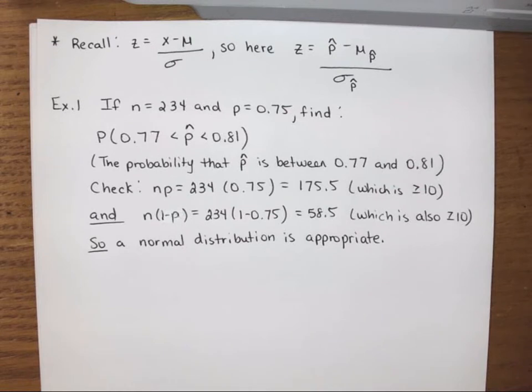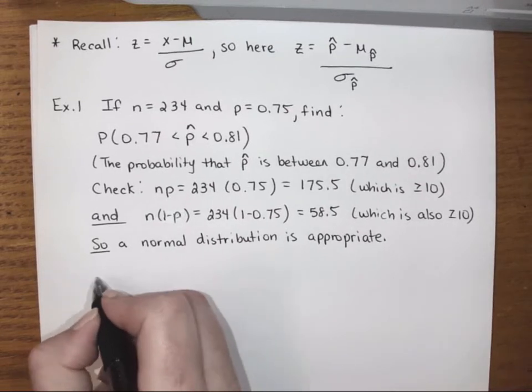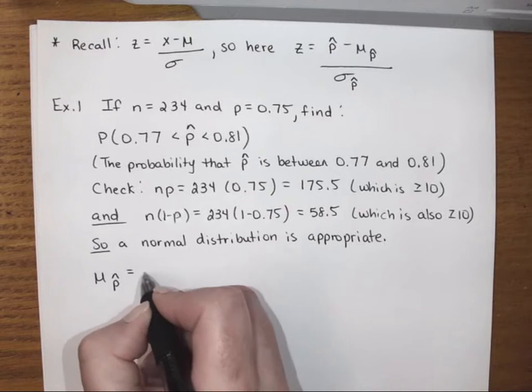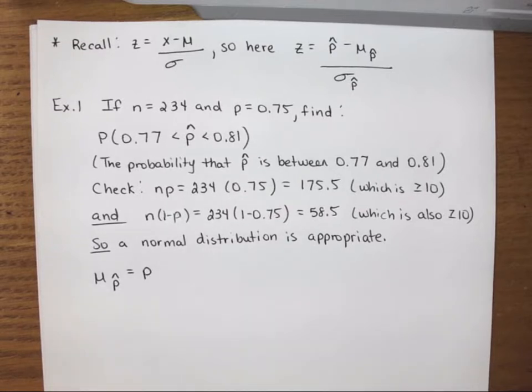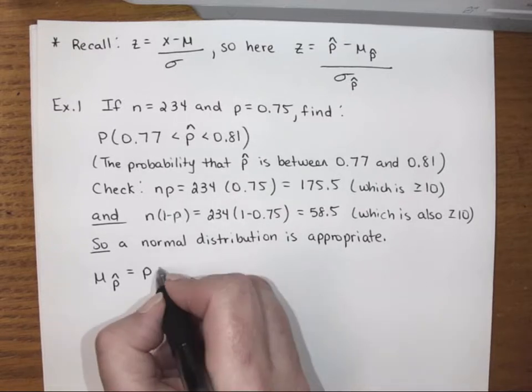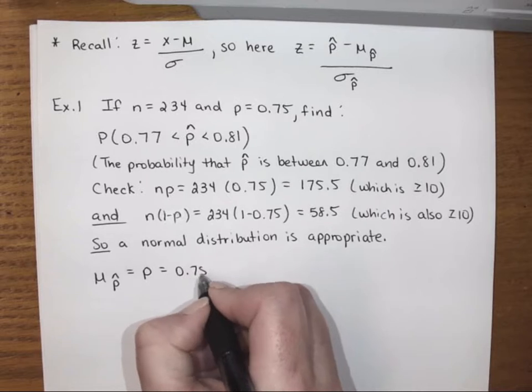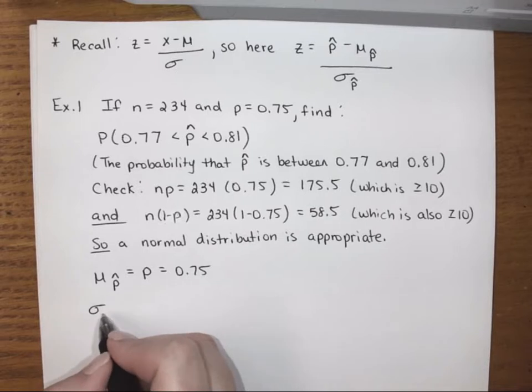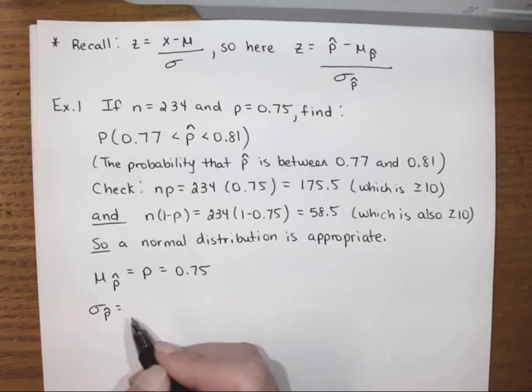All right, so step 2, remember, was to find some of your key values. Find the mu, which remember is just going to be regular old p, which is 0.75. That's what we were given in the problem. Now let's find the standard deviation of the p hats.